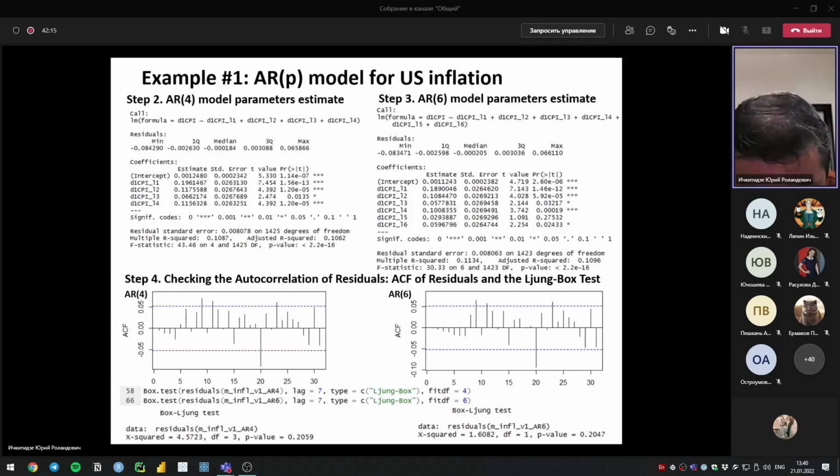So therefore, our conclusion should be that we cannot reject the null hypothesis of absence of autocorrelation in both models. Therefore, both models are suitable for this data. And based on this conclusion, we choose the IR4 model as better than IR6 due to the savings of parameters.